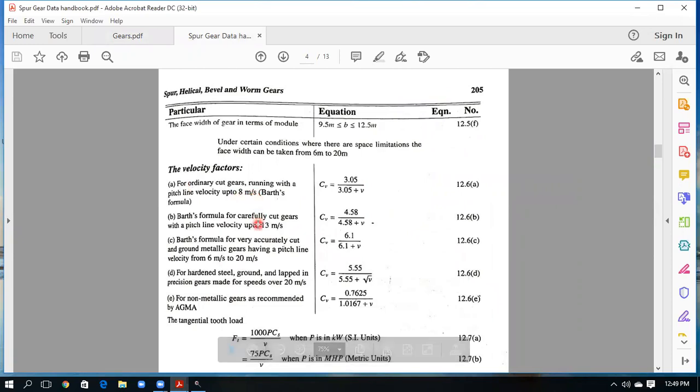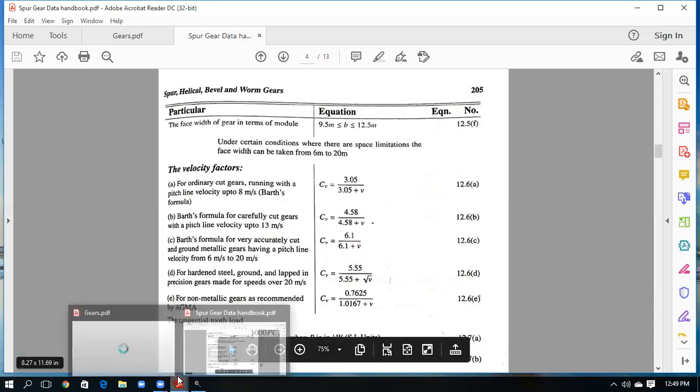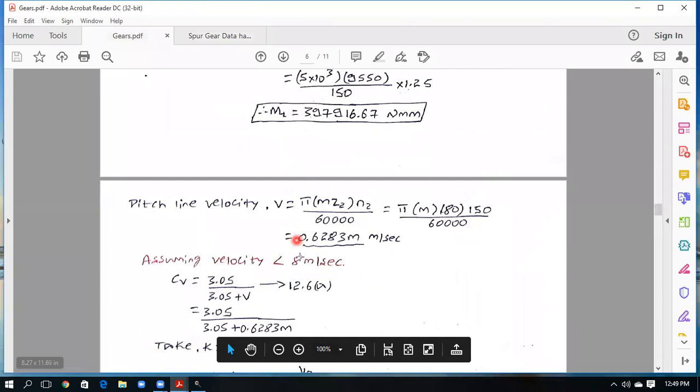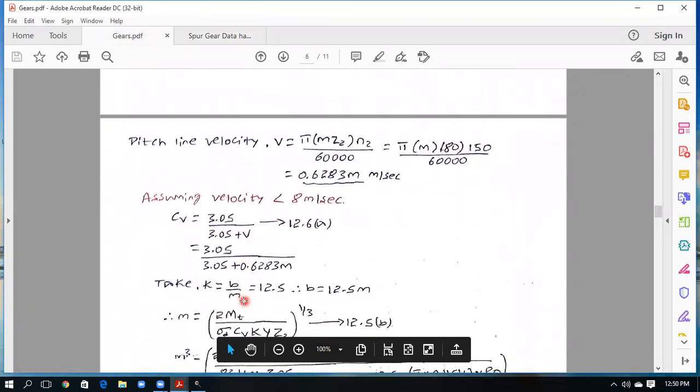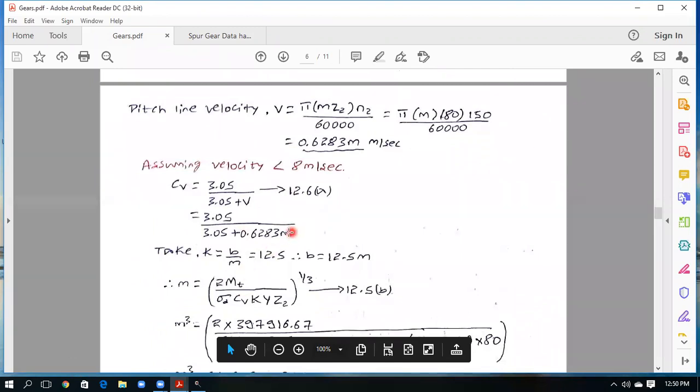If it is more than 8 and in between 13, you have to take the next, 12.6b. Like that you have to refer to these equations. I will refer to this 12.6a and substitute the value of m. Let it be like this.